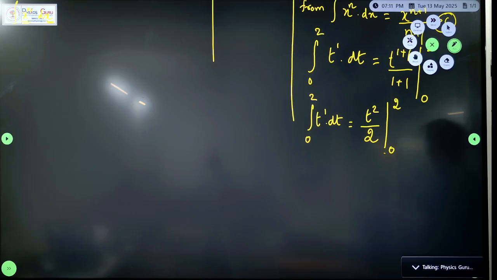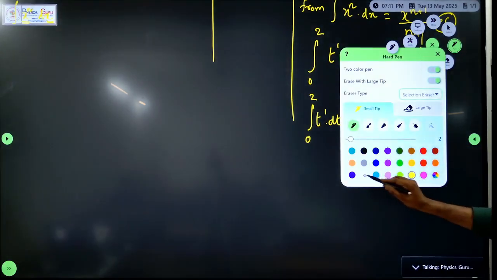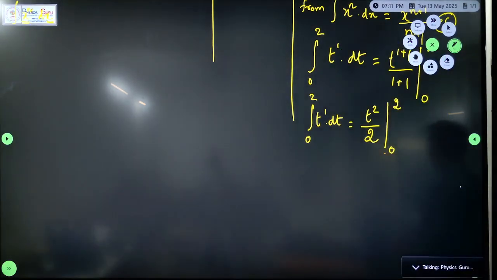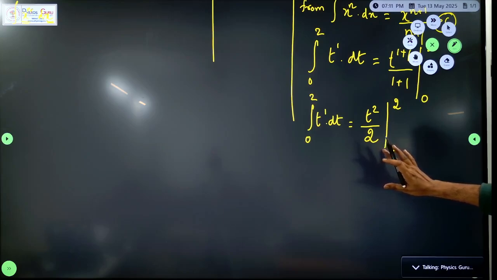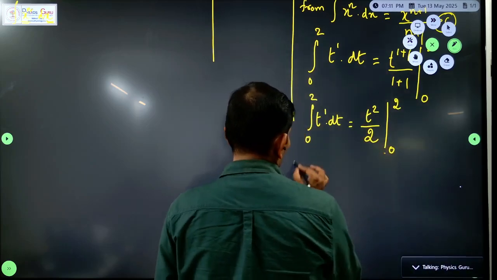Now I have broken the given equation using the law of integration. Now stage 2. After breaking it, what is stage 2? Finding the range. After bringing this part, you have to find the range. Shall we?